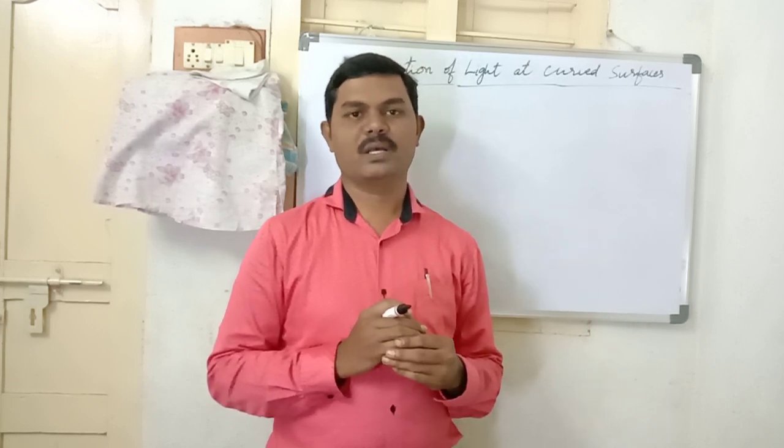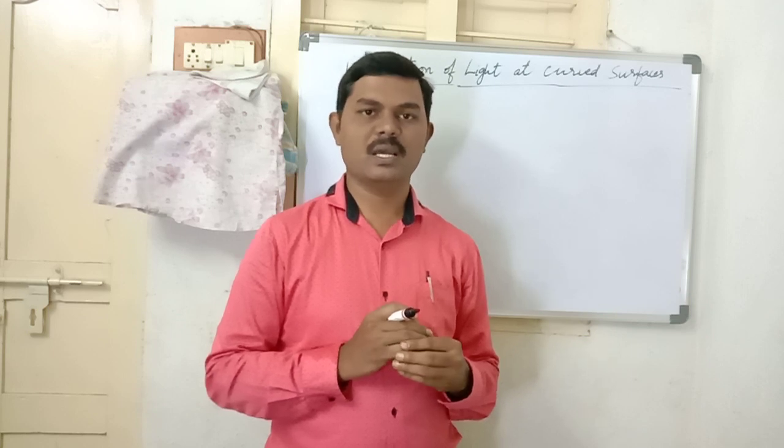In 8th standard, you have already learned the laws of reflection of light. What are the laws of reflection of light? Angle I is equal to angle R, or angle of incidence is equal to angle of reflection. And the second law is, incident ray, reflected ray and normal ray all lie on the same plane.